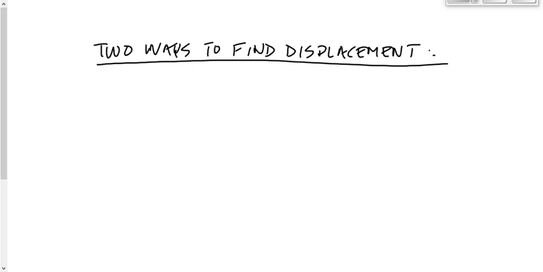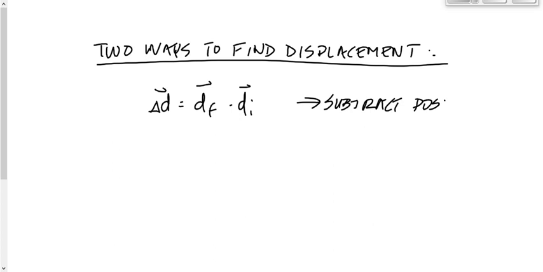If you want to find displacement given positions, you will subtract them. So if this is where I am and this is where I was, we subtract those two numbers, we're going to get displacement. In other words, we subtract positions. Final minus initial. The other way to do it, depending upon what we're given here, is to add displacements.